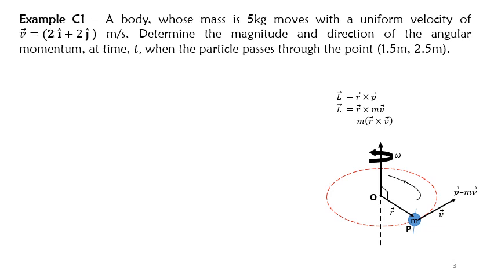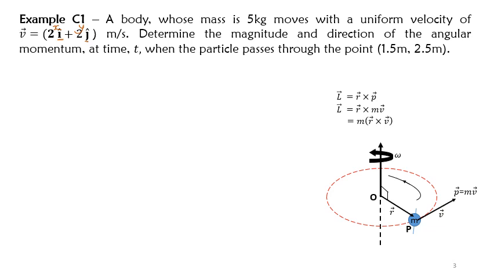When you have things like this, i and j, that means you're talking about x and y. So it's given in the two-dimensional x and y plane. So i is one direction, j is the other direction, showing that they are perpendicular. That's why it's x and y. So it's given in Cartesian coordinates.